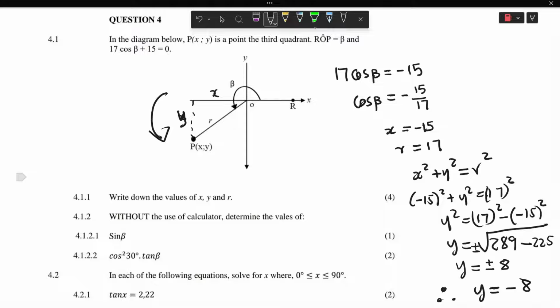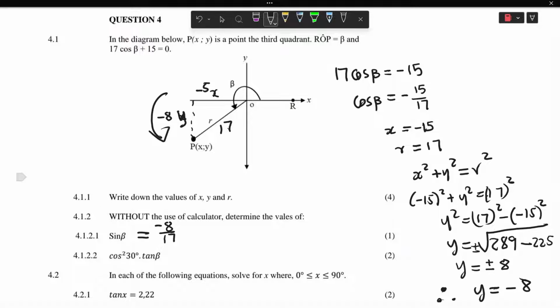Right now we are being told to find sine. It's opposite over hypotenuse. It's minus 8 over 17. Remember, this is 17, this is minus 15, and this is minus 8. So when we are looking for this, it becomes easy for us to work it out.